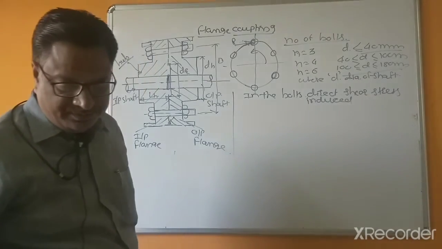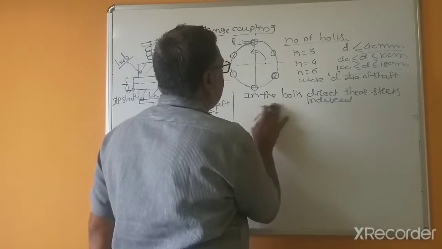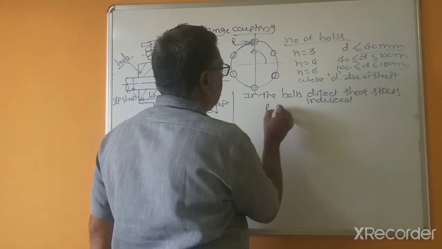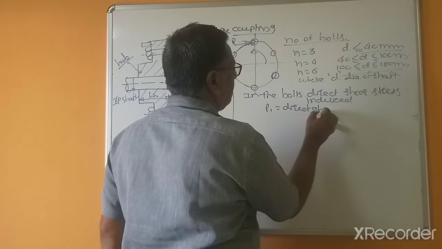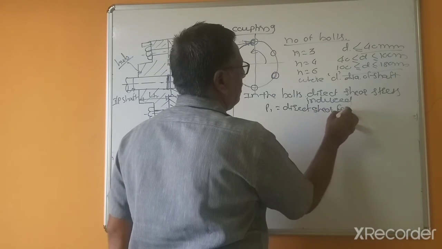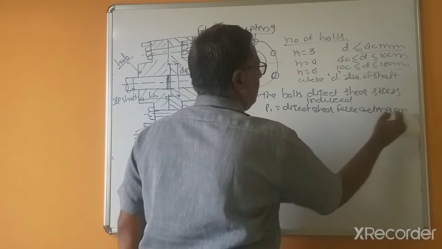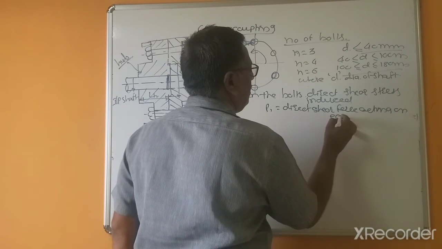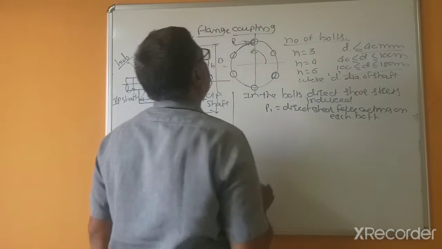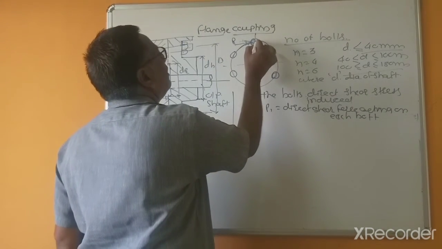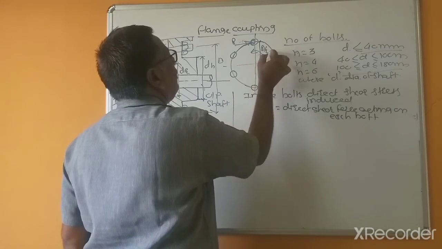So the torque is equal to P, the direct shear force acting on each bolt, and this distance is capital D by 2.